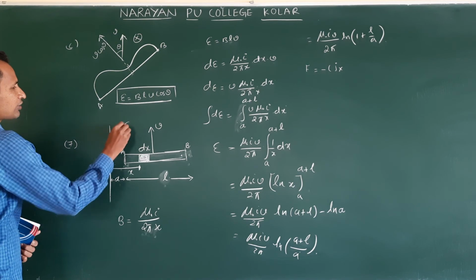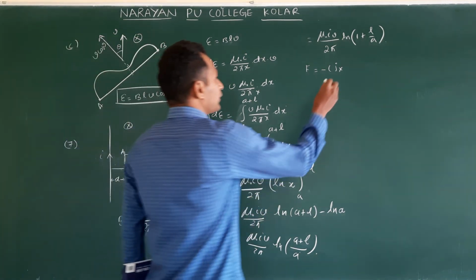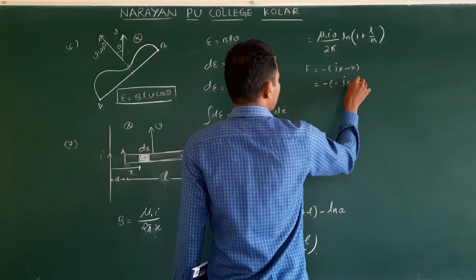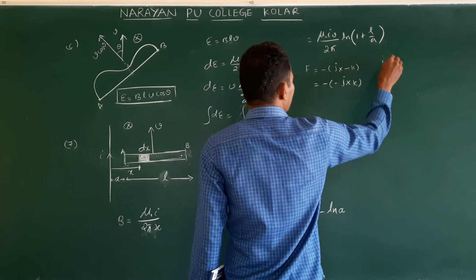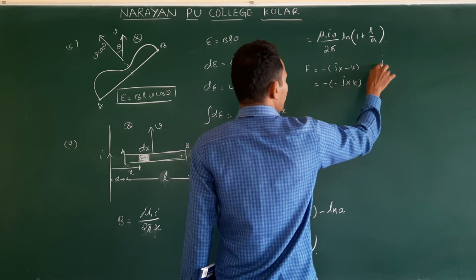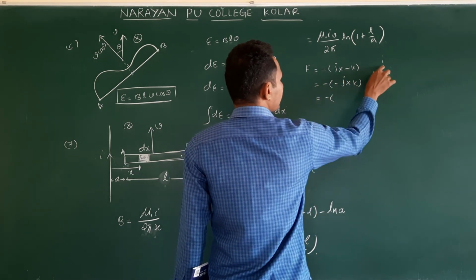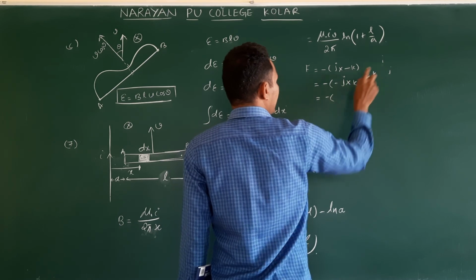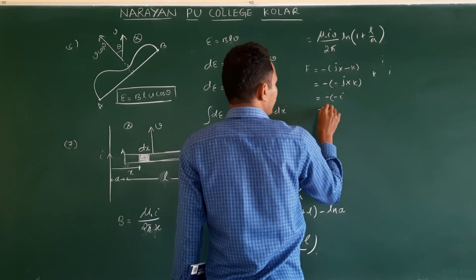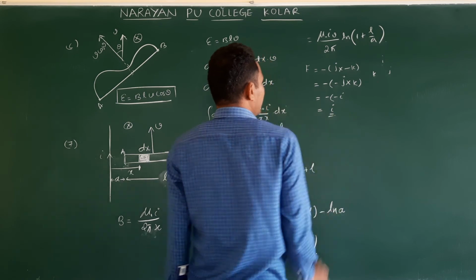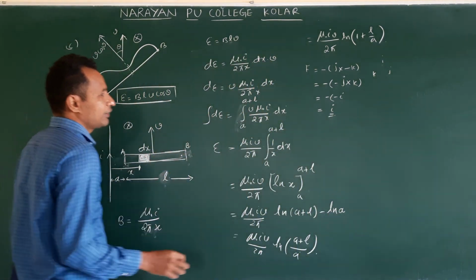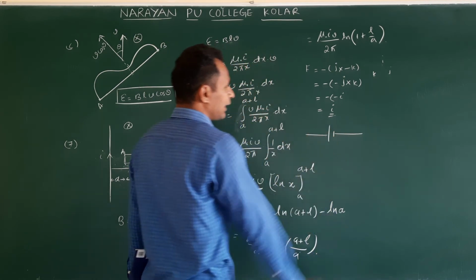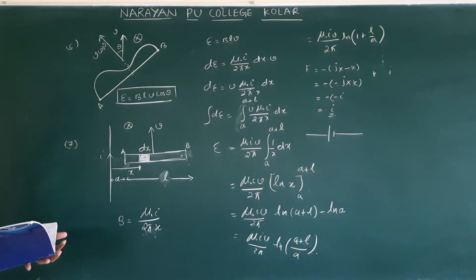Into the board means cross, so minus k. So j × (−k): j cross k is i, and with the minus it is minus i. Already there is a minus from the electron charge, so minus into minus gives plus i. That means all electrons move to the B side. So B will have negative charge and A will have positive.